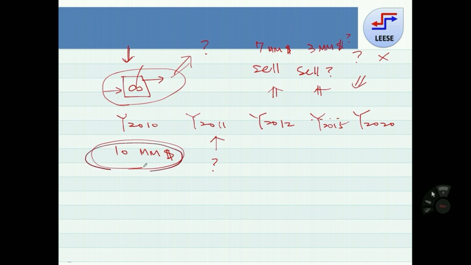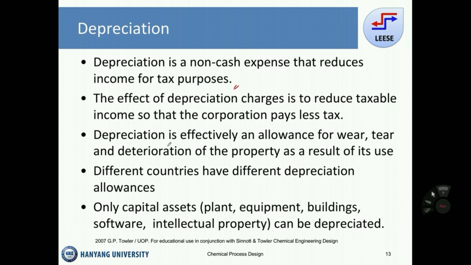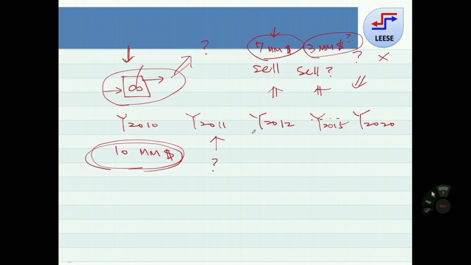In the beginning, it's 10 million, but after a few years, the value of the equipment drops down because this unit is a used one. Depreciation is effectively an allowance for wear, tear, and deterioration of the property as a result of its use.